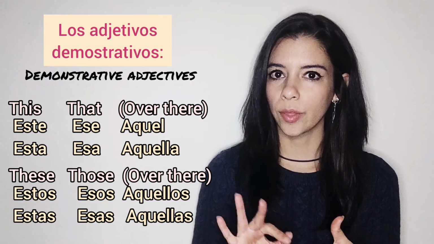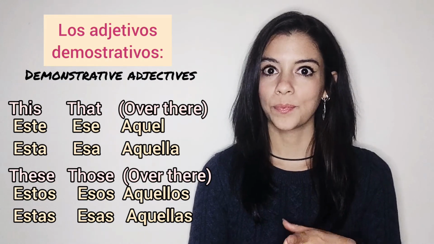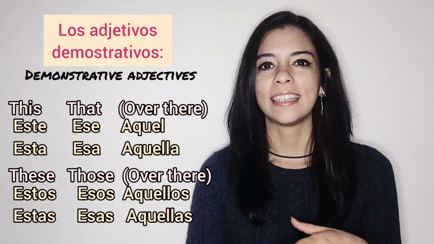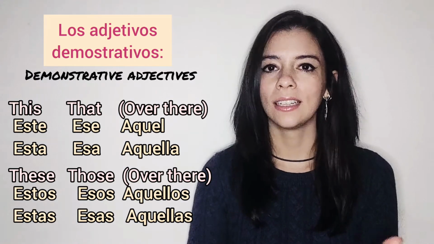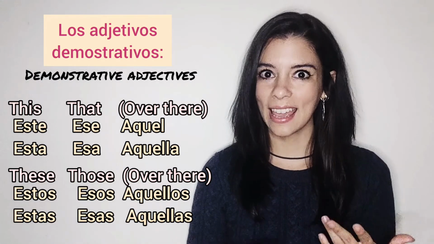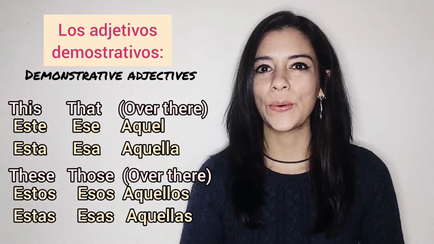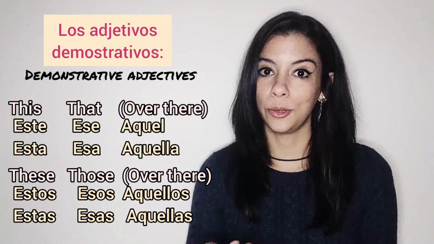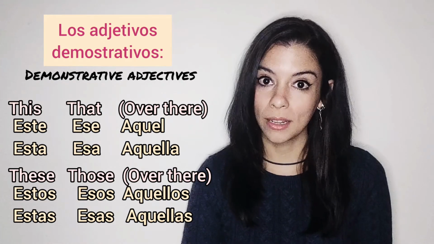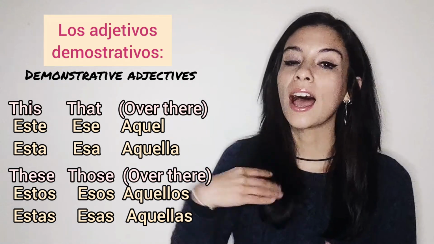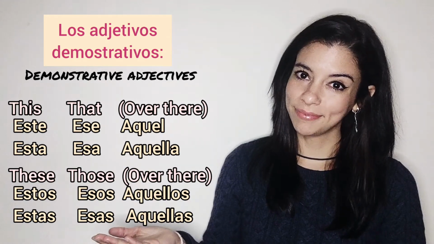But in Spanish, we have three groups: este, this, ese, that, and aquel, that over there. So then we add singular, plural, feminine and masculine, and we have this box.